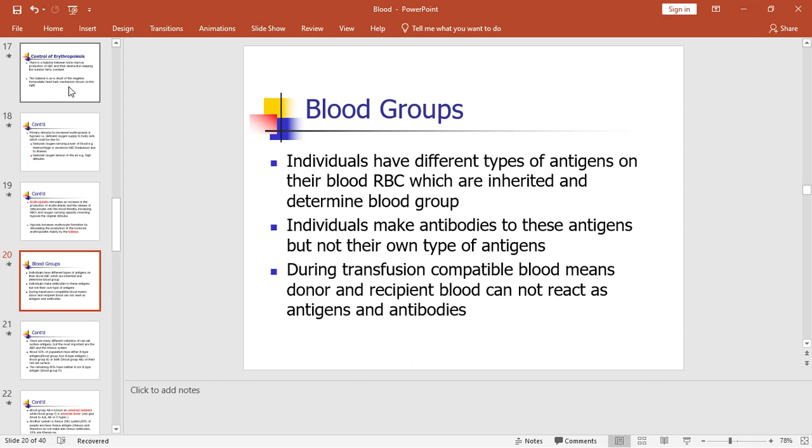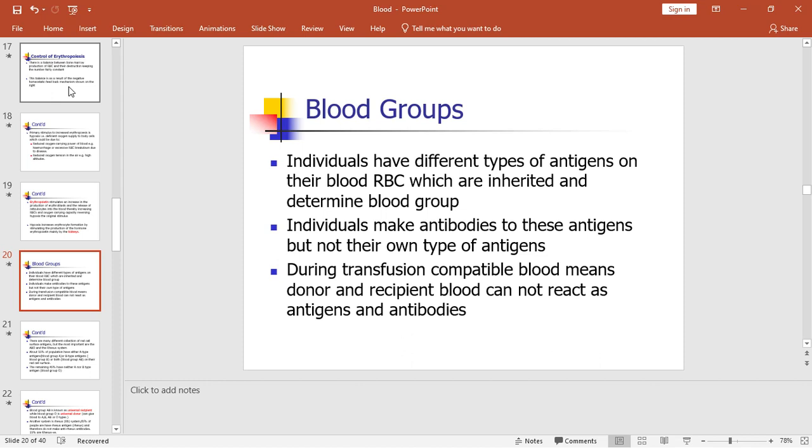All right? When you have the B antigen, you're going to have antibodies to A, but not to B. When you have a combination of A and B, you're not going to have antibodies at all. You understand it?